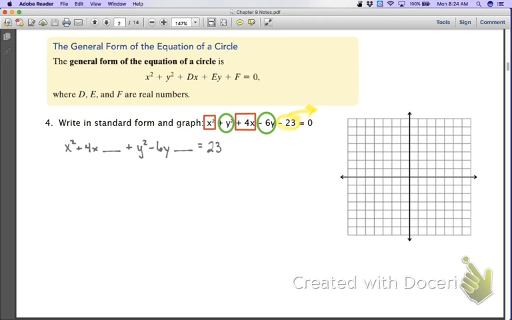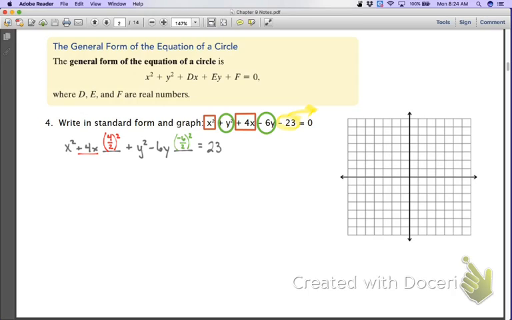So from here, I'm doing completing the square. Remember, whenever I do completing the square, I take each of these. I'm going to take whatever that value is. I'm going to take 4, divide it by 2, and square it. Same way with the y value: I'm going to take -6, divide it by 2, and square it.